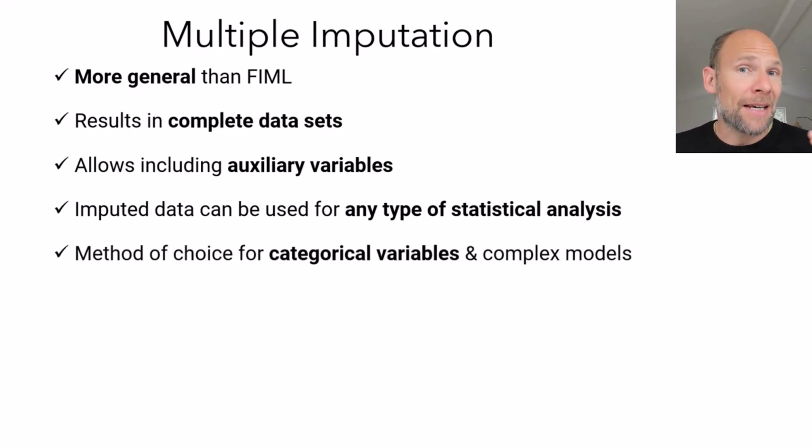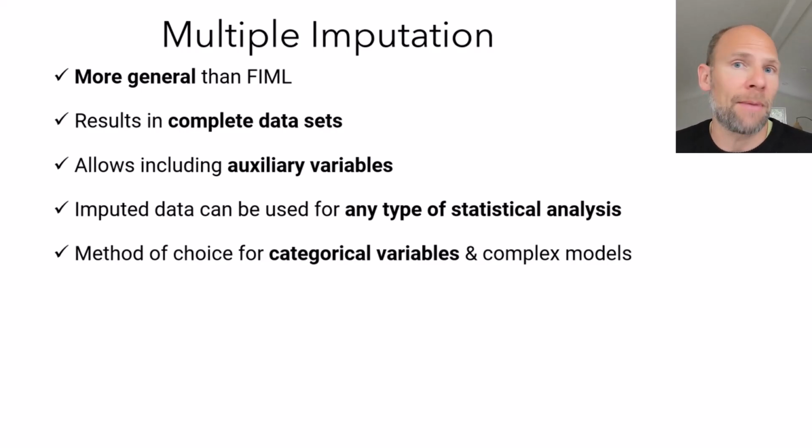Also, and that may be the key advantage of multiple imputation over FIML, it is the method of choice when you have categorical variables with missing data. Let's say, for example, you want to run a factor analysis at the item level. Your items are binary or ordinal, meaning ordered categorical. They're not continuous, not metrical or interval scale. In that situation, multiple imputation is the better choice. FIML is not a good idea to use with categorical data, for example, in factor analysis.